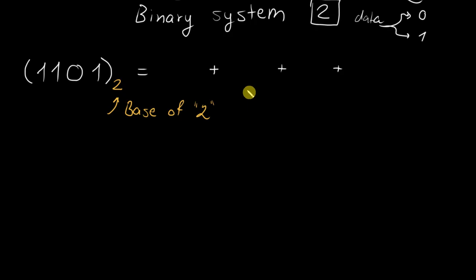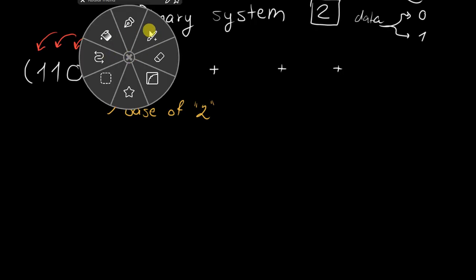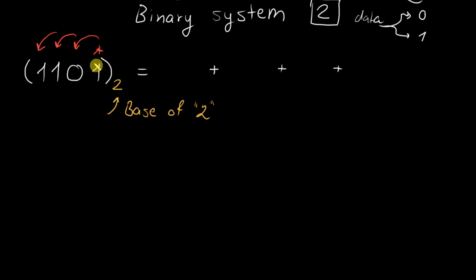Now, let's go all the way from the right to the left. We'll start here and go towards the left. Let's start with the very first one, the number 1.